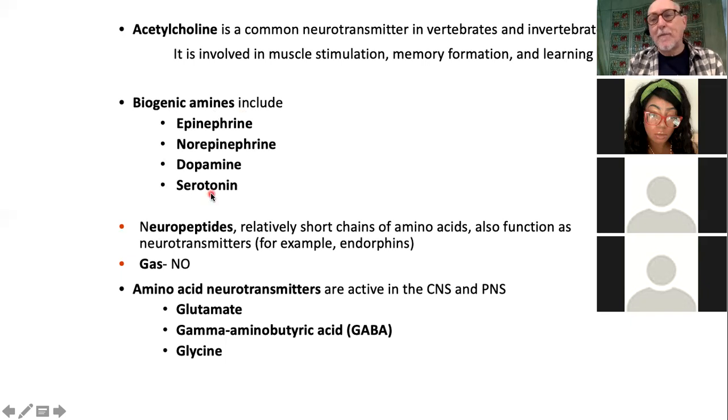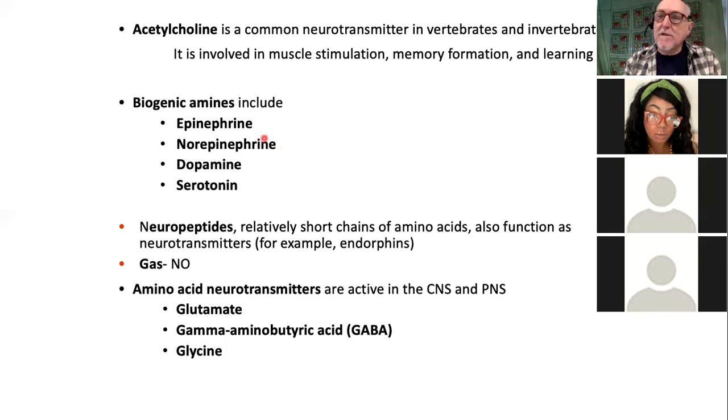This group here, they're called the biogenic amines. You don't need to remember that. But these you may have heard of. They include neurotransmitters such as epinephrine and norepinephrine. You'll remember those because they were produced by the adrenal gland, and those are the fight or flight neurotransmitters that produce all of the symptoms of alarm and of the need to run or to fight.